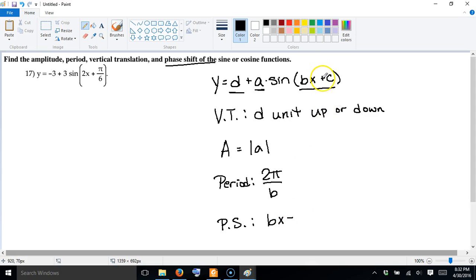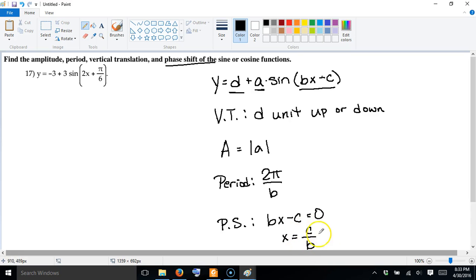That sign right there is actually supposed to be a negative, so let's put a negative sign here. And what you're always going to get for your phase shift is this number right here divided by this number here. So you could just remember that it's C divided by B.